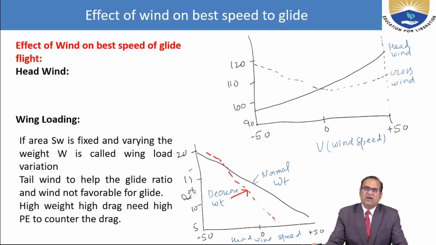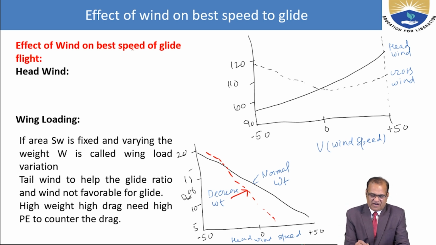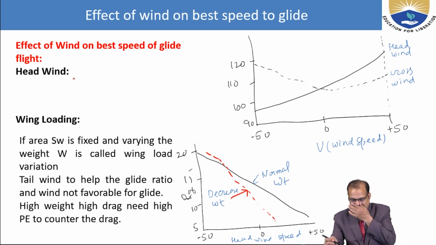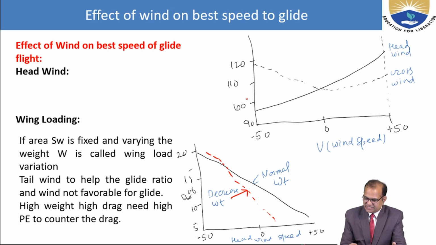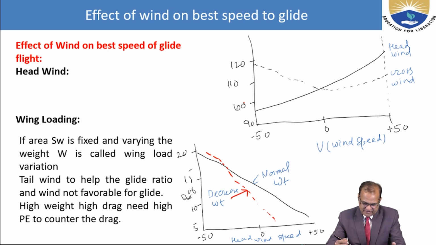So here we can see the effect of wind on best speed of glide flight. Here we have the headwind. Just see here, if it is a plus, it is a headwind. If it is a minus, it is a tailwind. So this is our headwind, and this is our power required.